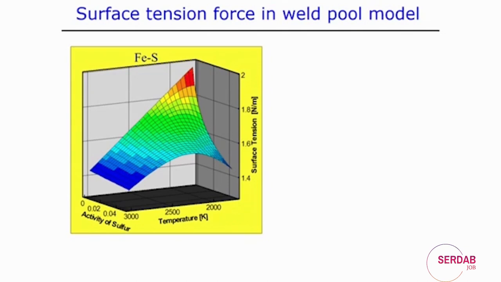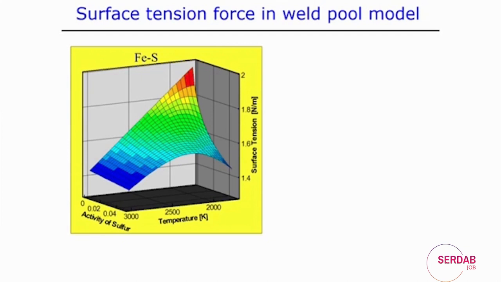We can see with respect to the temperature, at a certain optimum temperature the surface tension force is maximum for a fixed amount of the surface active element. In other cases, with a very small amount of the surface active element, probably at high temperature, the surface tension force becomes maximum.